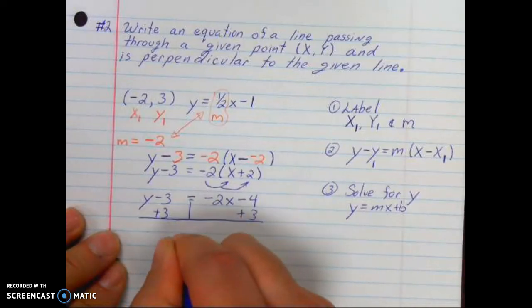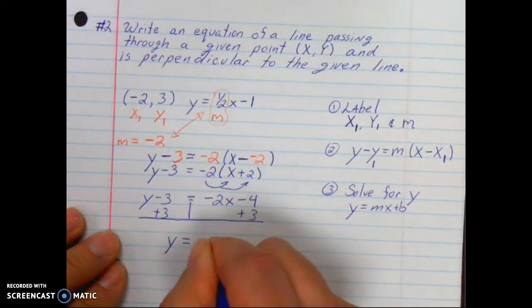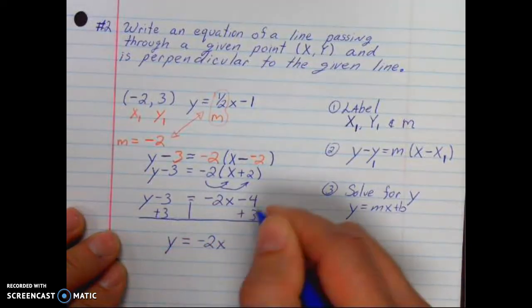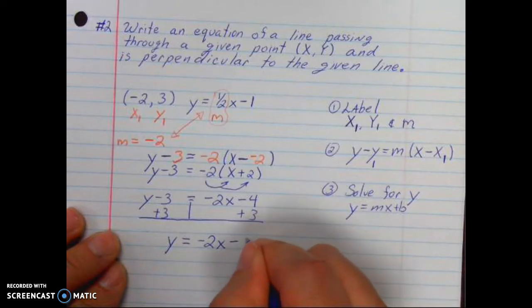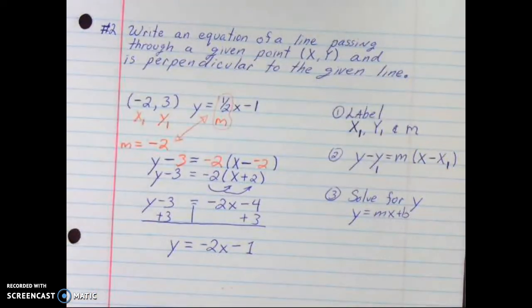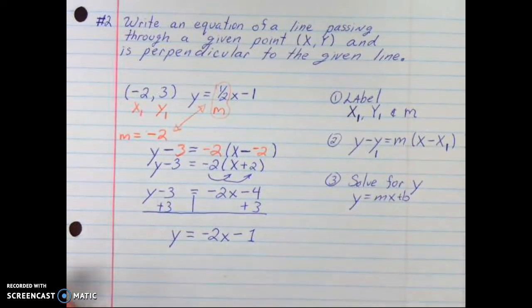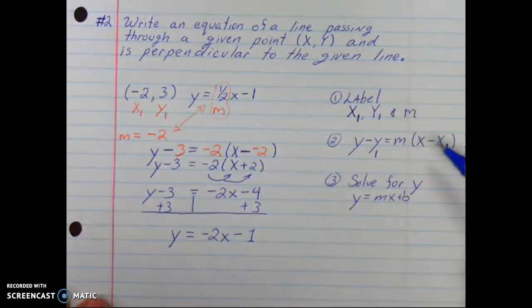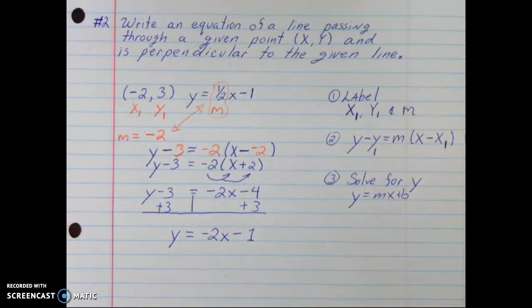And then I get my y equals negative 2x, and then that makes a minus 1. And that is my answer, right? So, again, label, plug in, and then solve for y, or put it in the y equals mx plus b form. All right, we'll do one more example, and we'll be done.